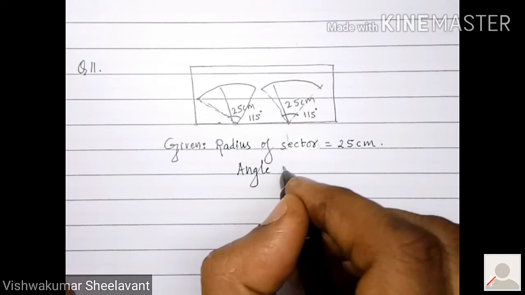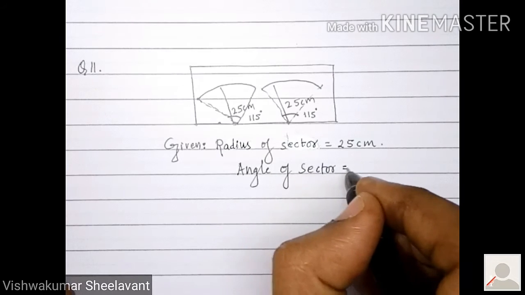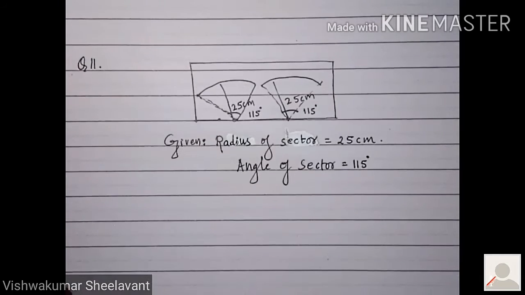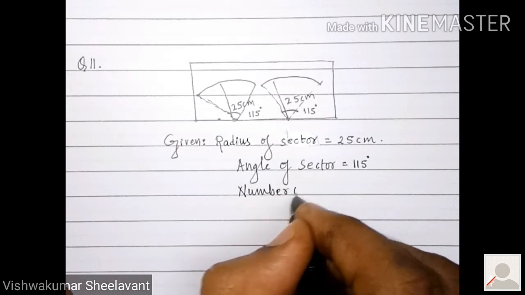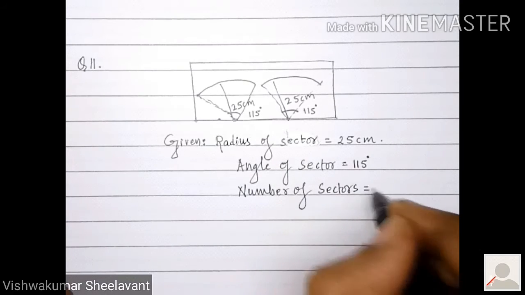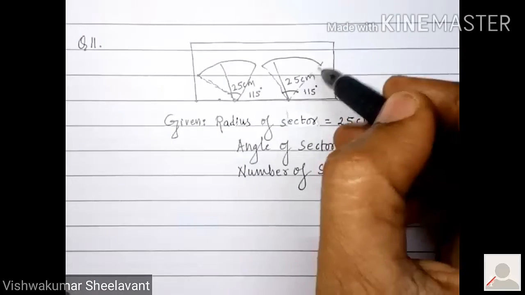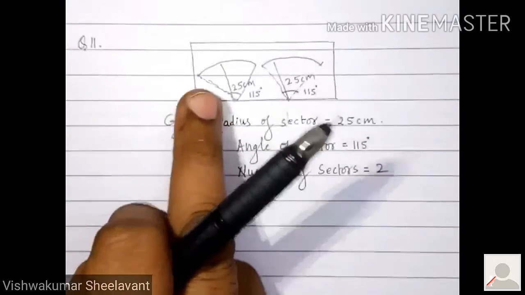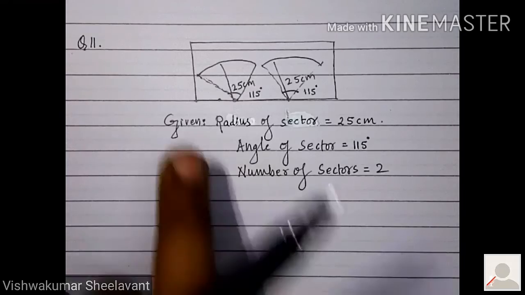Angle of sector is equal to 115 degree. Number of sectors is equal to 2. So area swept will be equal to 2 times the area of one sector.